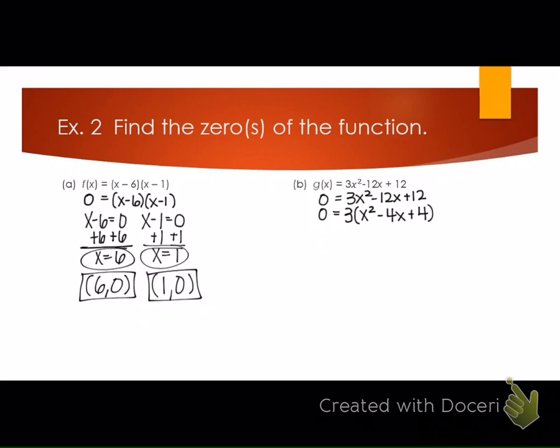Question number 3. Is there a shortcut? Now, it's a trinomial, so there's only one type of shortcut. Is this a perfect square trinomial? Yes, it is. It appears that way, so we're going to treat it as if it is a perfect square trinomial.